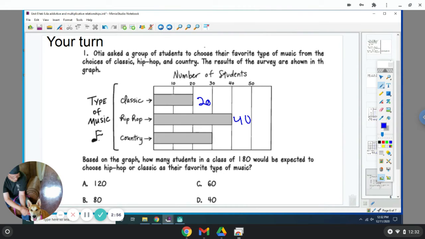So a group of students, 60 students out of 90 chose hip-hop or classical, when there's a total of 180 students. So they've asked about half of them. So you would say 120 did it, because 90 times 2 is 180, so 60 times 2 is 120.